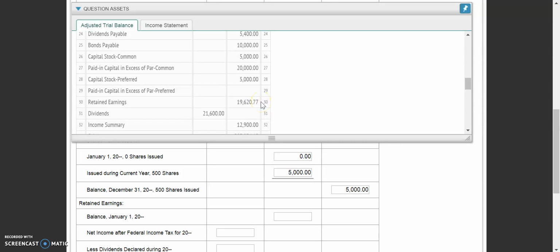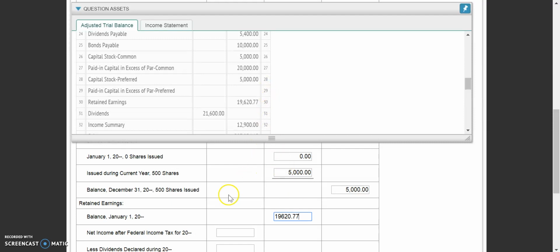Remember that retained earnings is money that the corporation doesn't reinvest. It hangs on to it. Essentially it is net income that they've continued to hang on to year after year, and it grows and grows. So our balance at the beginning of the year was $19,620.70, as shown right here.